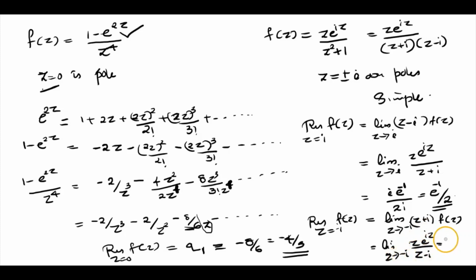When putting -i, we get e^{-i·i}, which is e^{1}, divided by -i - i, which is -2i. So this is e divided by -2i. The i cancels, so this is -e by 2. Sorry, the minus cancels, so this is e by 2.